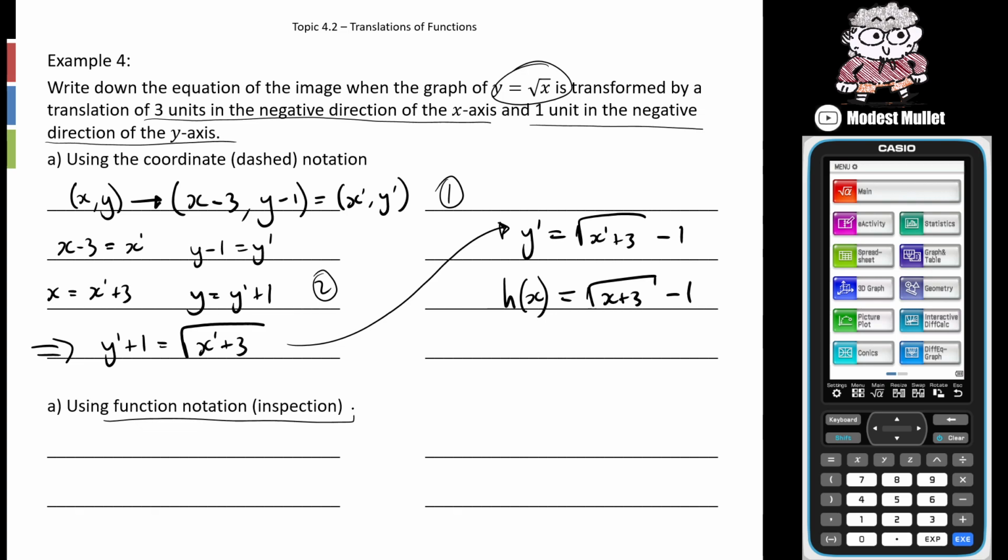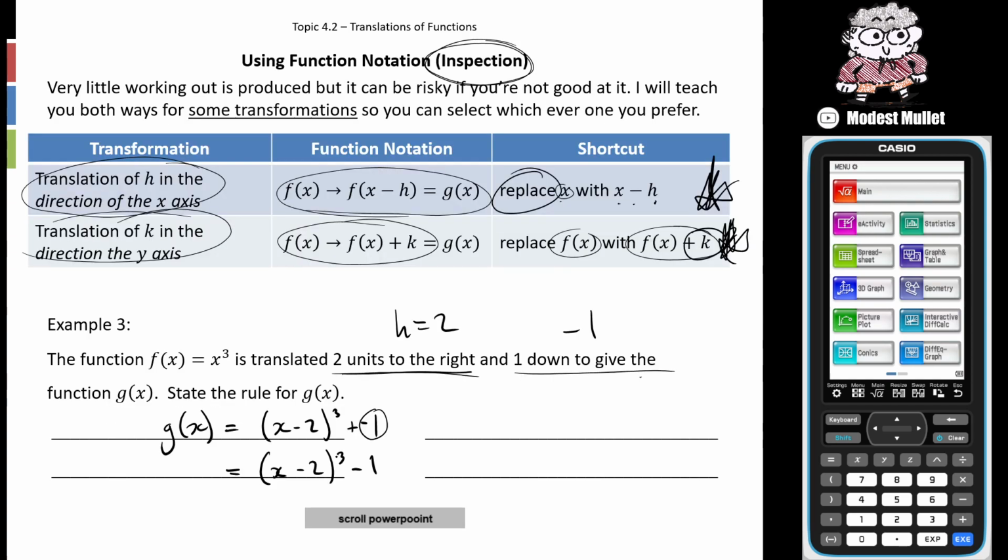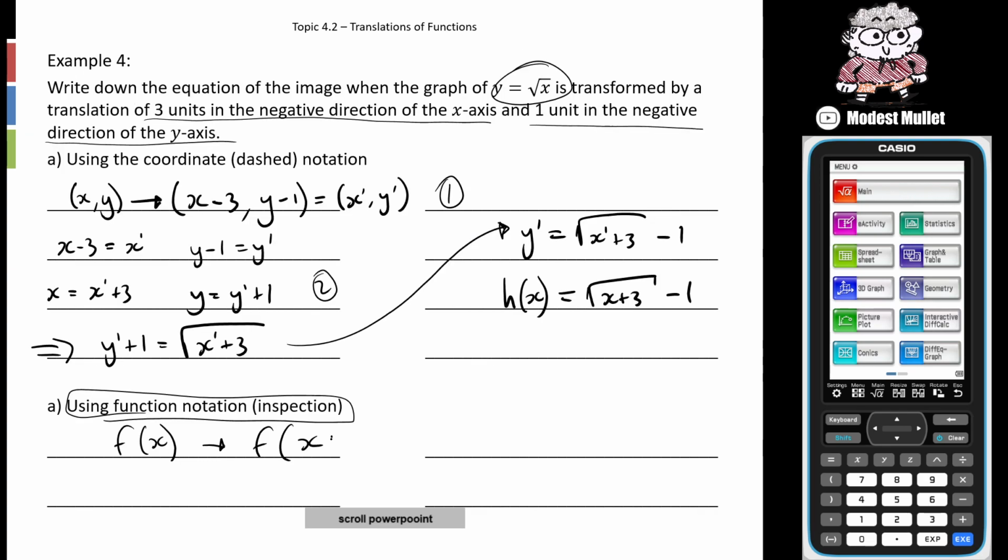Okay, let's use our function notation to write it out. Okay, f of x is being transformed into, x is being moved 3 units to the left. Now this is the thing, okay, it's the minus the h, so technically this is happening, and then it's 1 unit down, so that's occurring.